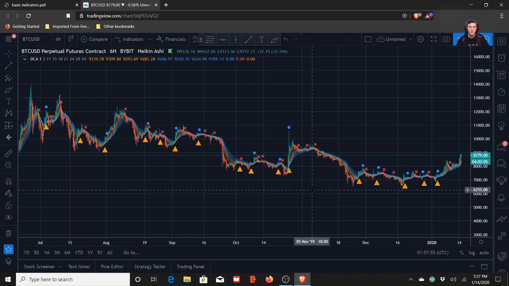And before we get any farther, I want to say too, with the indicators that I'm showing you today, and this goes for most indicators, unless you're building your own custom like we have done with our scripts, most indicators, you want to trade them on the default setting. And the reason why you want to do that is because you probably have 500 million other people using the exact same indicator on the exact same default setting.